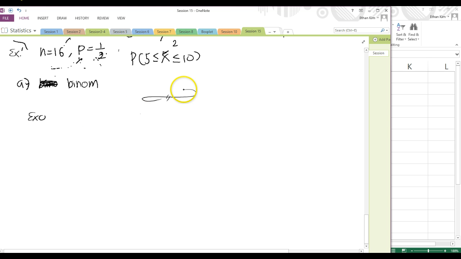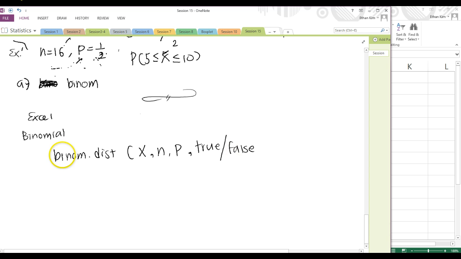For Excel, for using binomial, we use binom.dist. You put in the number, so x, then n, p, and here you put true or false, depending on what you want.